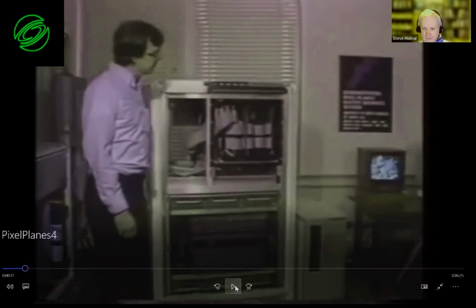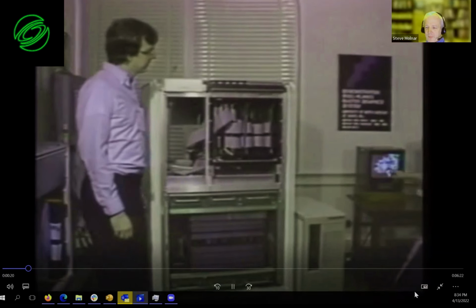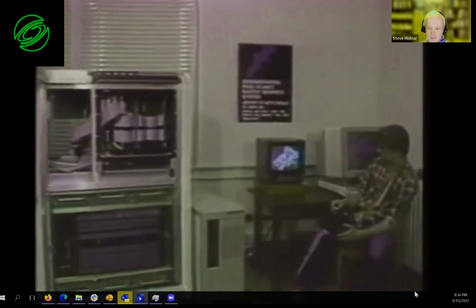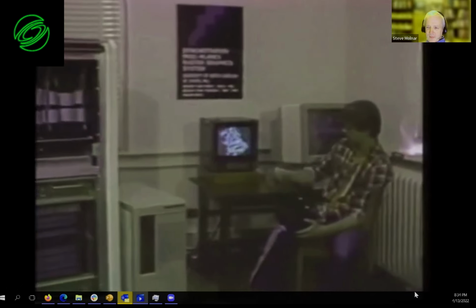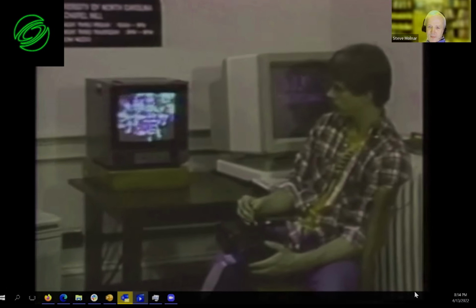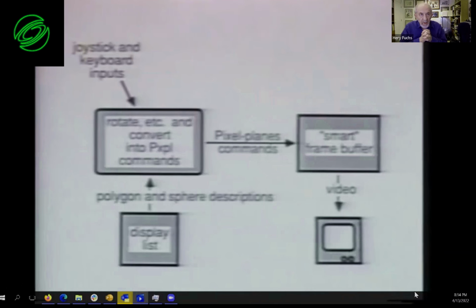This is the current prototype of the Pixel Planes graphics system at the Microelectronic Systems Laboratory of UNC Chapel Hill's Department of Computer Science. The system rapidly generates realistic, smooth-shaded images of three-dimensional objects and scenes. This is Pixel Planes 4. The machine's simplest software executes a Z-buffer visible surface algorithm from a scene description stored in a conventional display list.